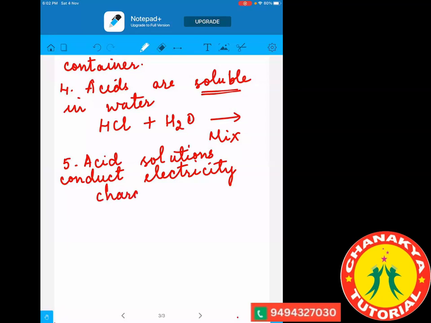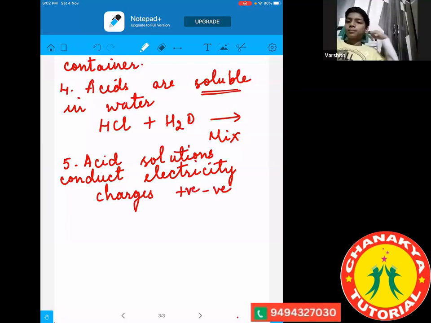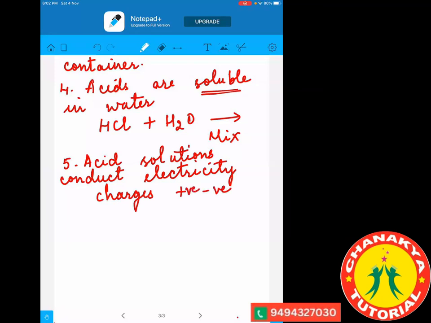Have you ever heard the word charges? The positive charge, the negative charge? Yes, ma'am. Very good. These positive charges and negative charges are present in the acids. Because of these charges, electricity flows from one place to another. So this is also a property of an acid: they conduct electricity.